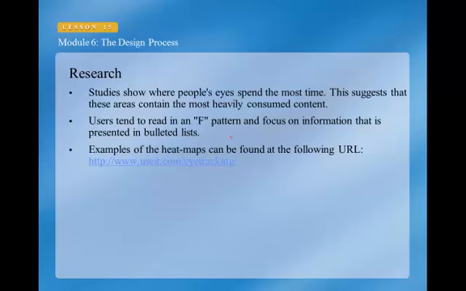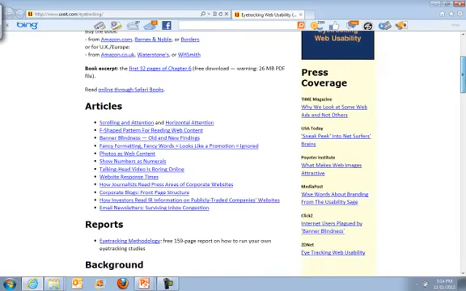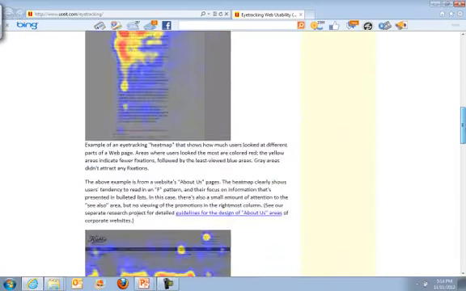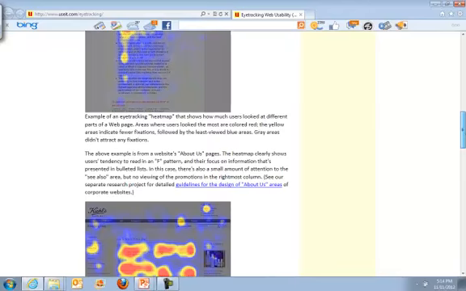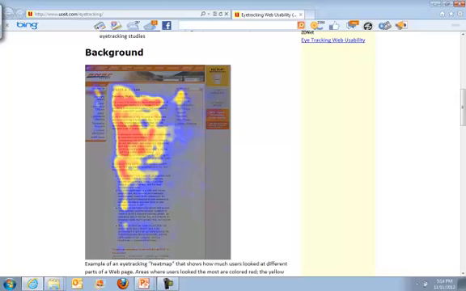So remember we have the examples, and if we look at this website again, remember we have these examples of how people read the web page. If you look right here in this example, they start with the main, and the red is where they spend more time focusing, but look how they hardly focus on anything down at the bottom of the page.